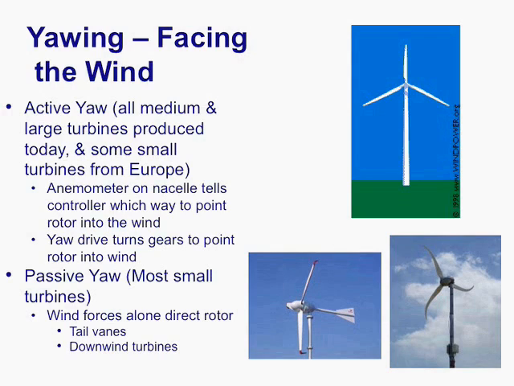It's a tail vane, and then on the larger utility-based turbines, you have what's called an active yaw. The yaw is facing into the wind, and they have detection devices on the turbines that detect where the wind is coming from, and mechanically will turn the turbine into the wind, so that they produce electricity at the optimal rate.